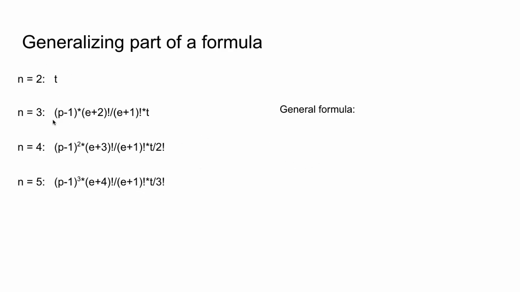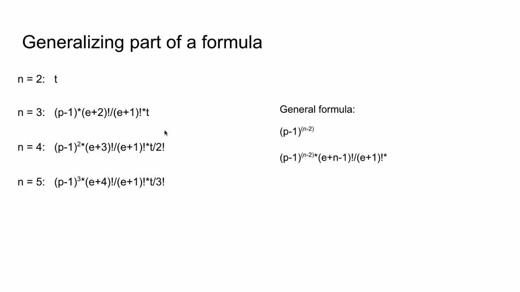So for this part, I can rewrite this as p minus 1 to the power of n minus 2, and that covers all of that. The amount of e plus something factorial also goes up by 1 each time, but they're all divided by e plus 1 factorial. So we can write this as e plus n minus 1 factorial divided by e plus 1 factorial.